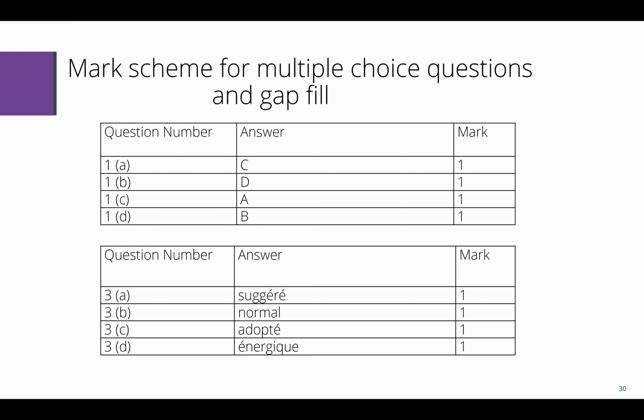Sometimes there is some leeway, so it's always good to refer back to the mark scheme, because it may well be that they've made a spelling mistake, and that's okay, because it's very clear which word it is. It's not a question of can they copy correctly. It's a question of have they located the correct word for that particular gap.